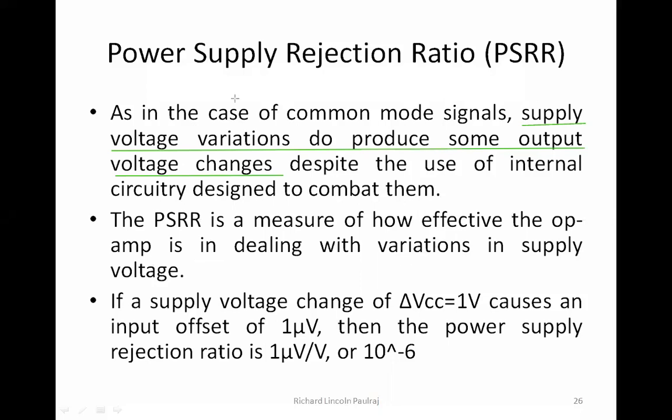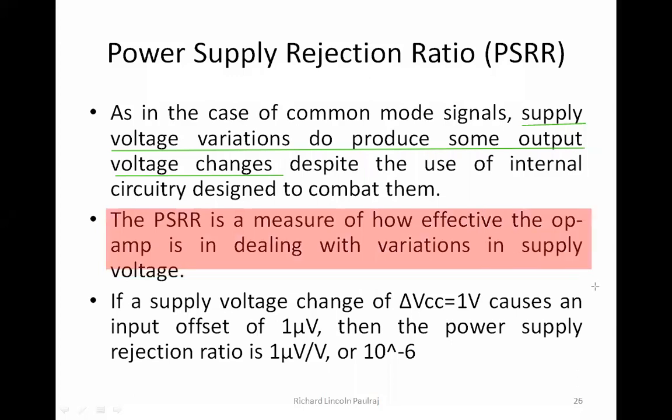This is important, so I want you to make a note of this. This can be a very short definition of what PSRR is and where we are using this. PSRR is a measure of how effective the op-amp is in dealing with variations in supply voltages.